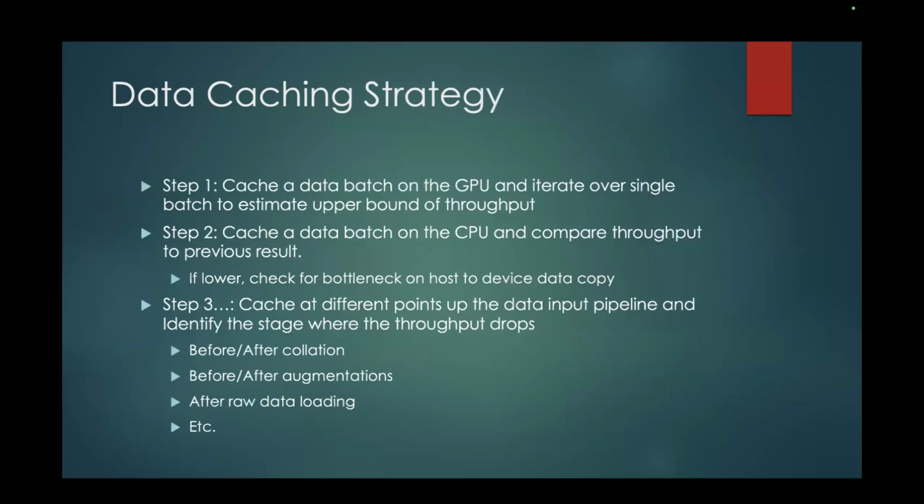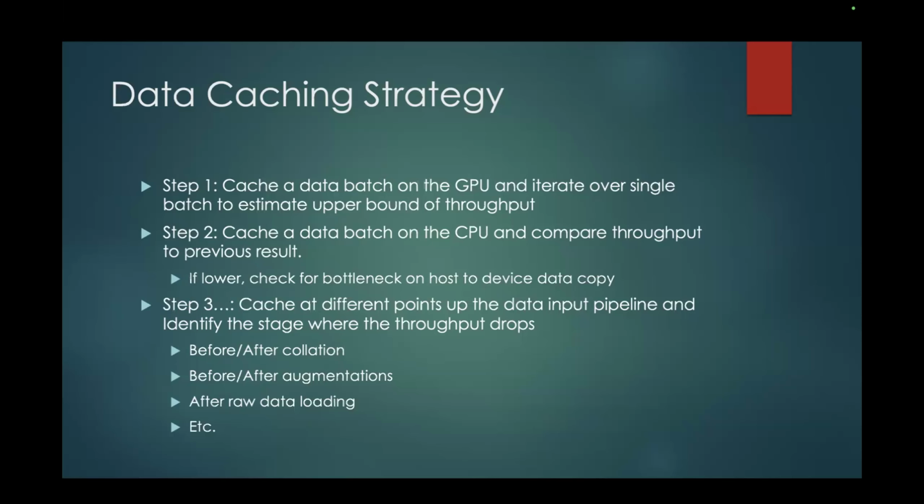Okay, I'm hoping that you get the general idea, because the next step is very simply continuing up the data input pipeline graph, where we basically cache at different points up the data input pipeline in order to identify at what stage the throughput drops.